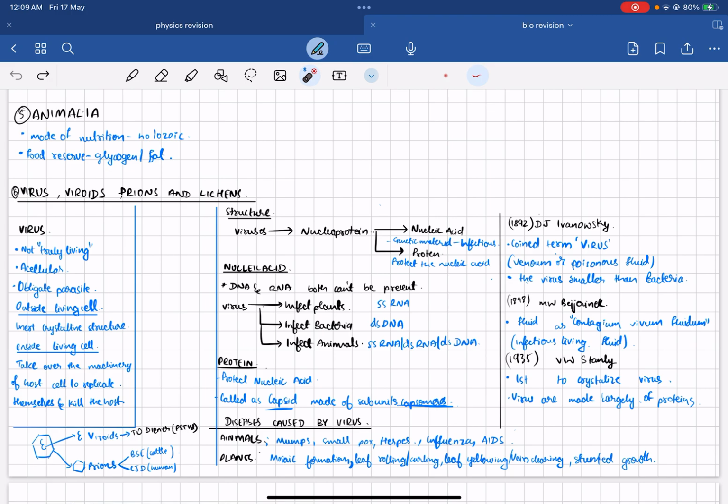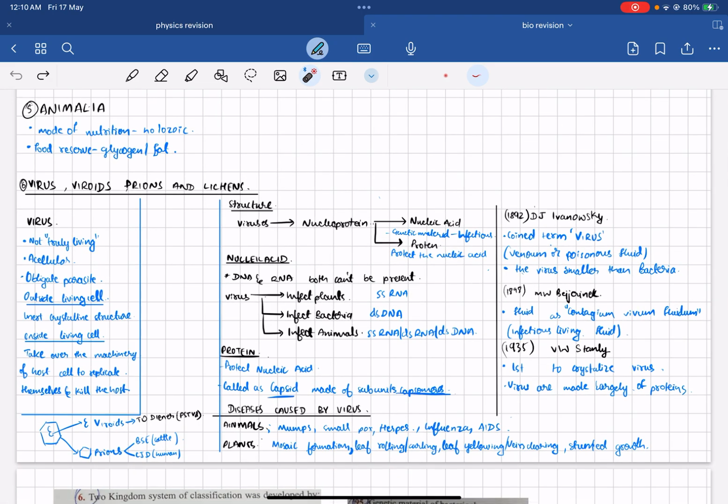Viruses which infect plants have single-stranded RNA. Those that infect bacteria have double-stranded DNA. Those that infect animals have ssRNA, dsRNA, or dsDNA. How I remember is I put them in an order: plants, bacteria, animals.